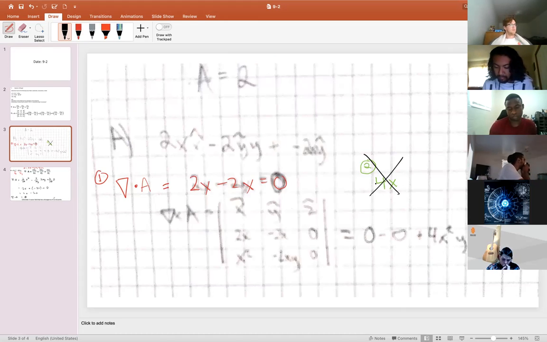Is there a place where vector field 4x is solenoidal? Yeah, 0. So everywhere where x equals 0, that entire place would be solenoidal, but it's a limited subset of places where it's solenoidal.